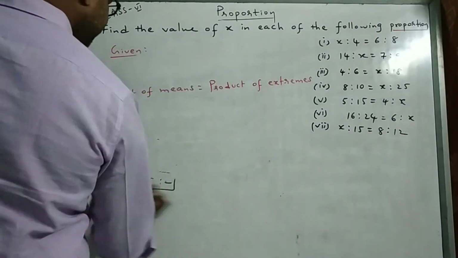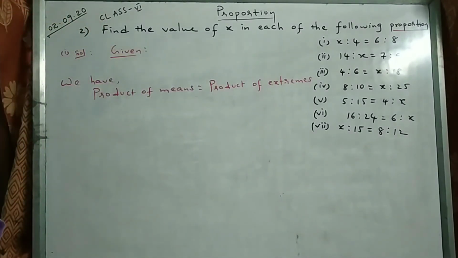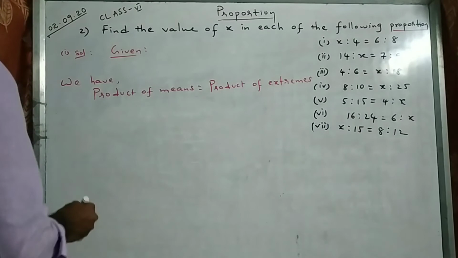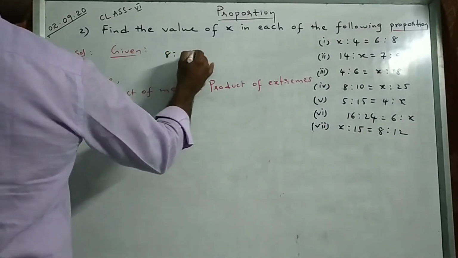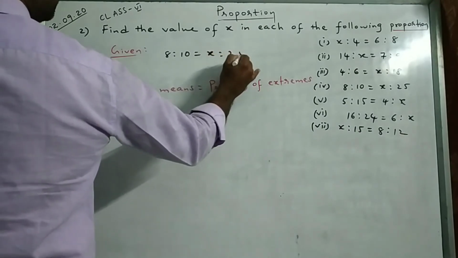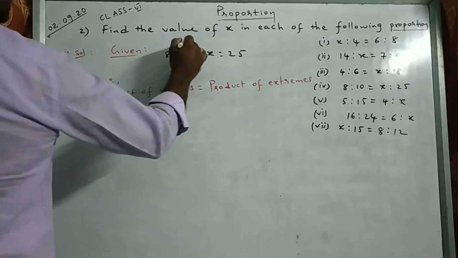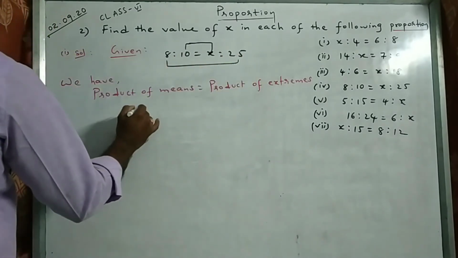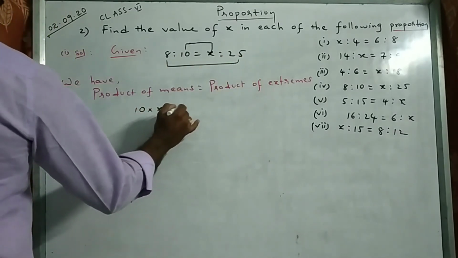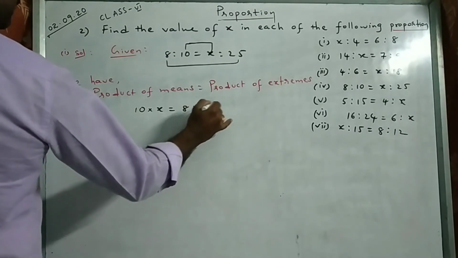Next one. 8 is to 10 equal to x is to 25. What are the means here? 10 and x, extremes 8 and 25. So 10 into x equal to 8 into 25.